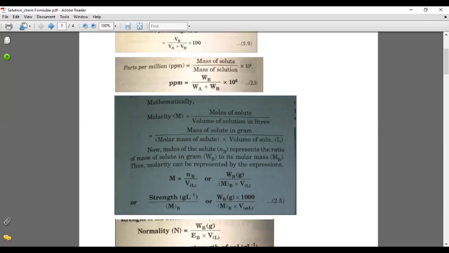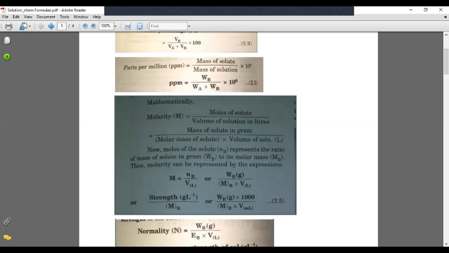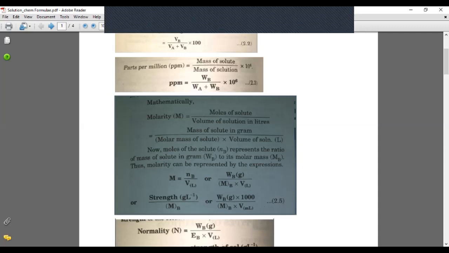In that question we can write in this way: because in molarity volume is involved, and volume is directly affected by the change of temperature. So if temperature changes, volume of the solution also changes. Because of this reason, we say that molarity is temperature dependent.